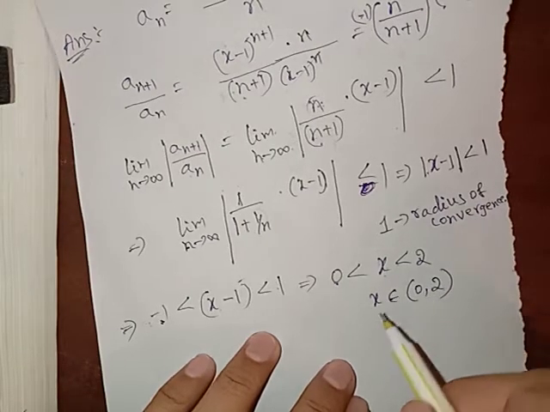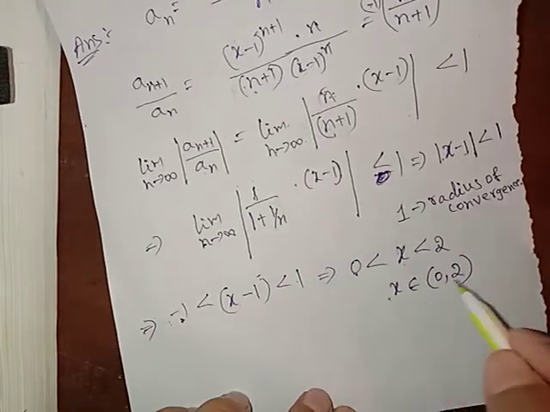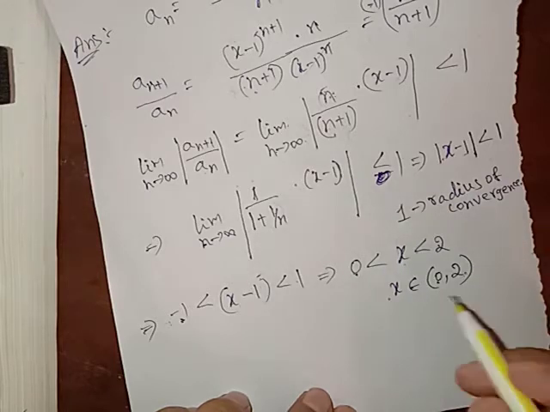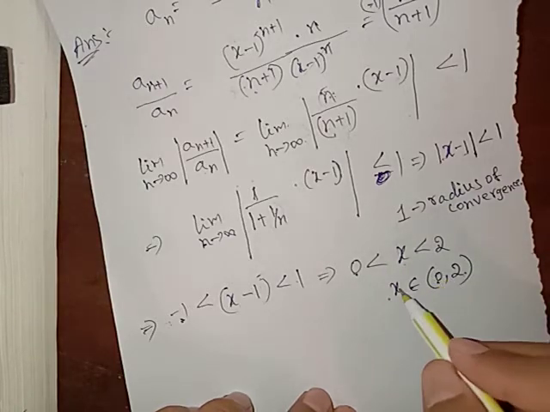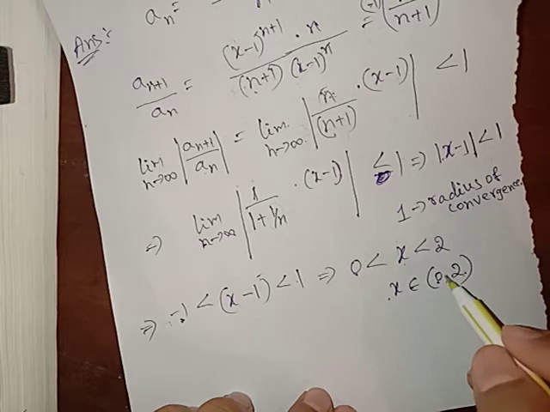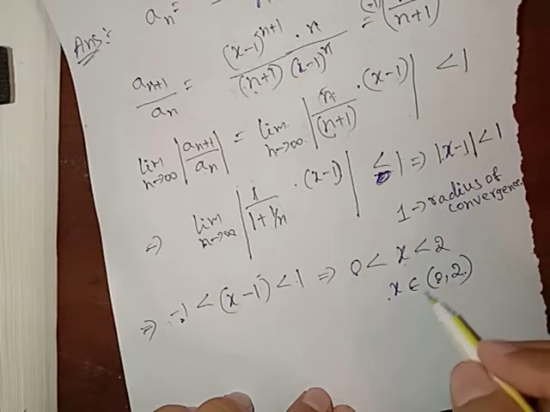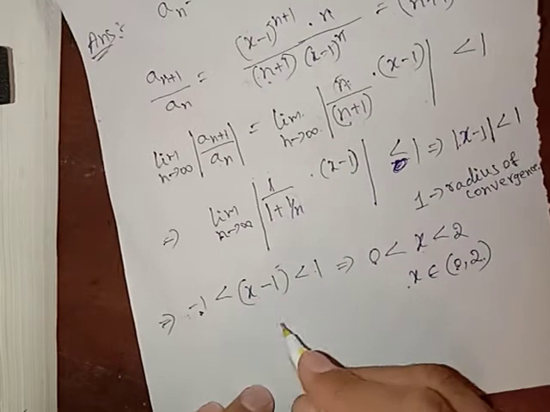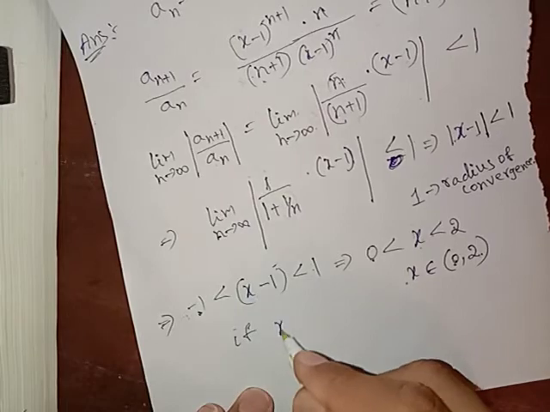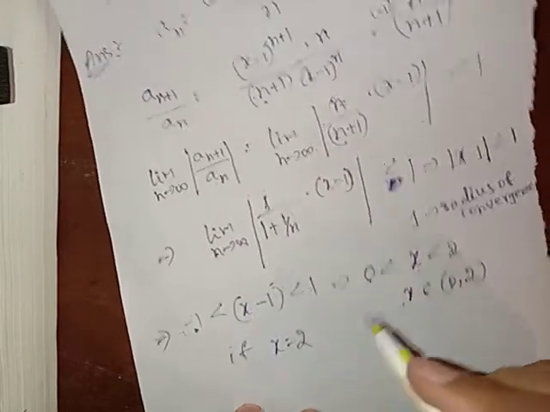Now we have to check what happens at x equal to 0 and at x equal to 2. This interval shows that x belongs to all real numbers from 0 to 2, excluding 0 and 2. If x is equal to 2, what does the series become?